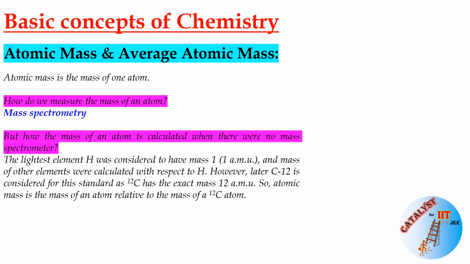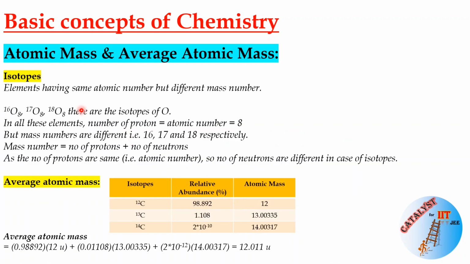So they later changed the reference from hydrogen to carbon 12, and they considered carbon 12 the standard for this mass calculation. And they calculated the mass of every element relative to this carbon 12 mass. Okay, so atomic mass was then defined as the mass of an atom relative to the mass of a carbon 12 atom.